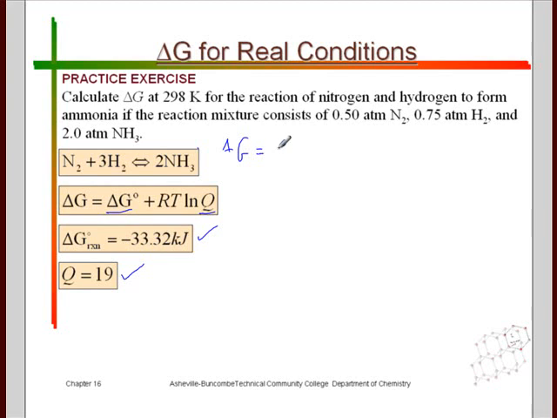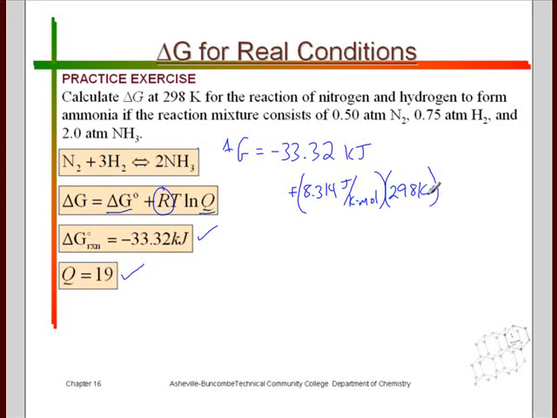I'll deal with the unit change in just a few steps here. I want to keep that at kilojoules. What I mean by that is the R value is in joules, and for the first step of the calculation, I'm just going to leave it as joules. This is joules per Kelvin mole. I'll change it after I do this second half of the calculation that I'm coming up to.